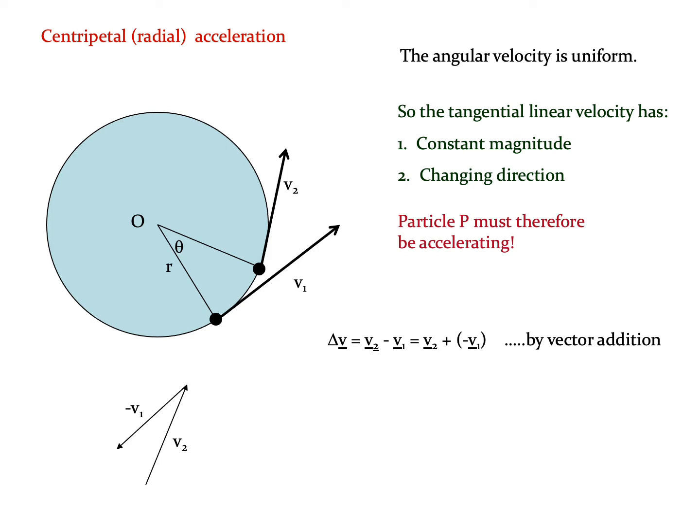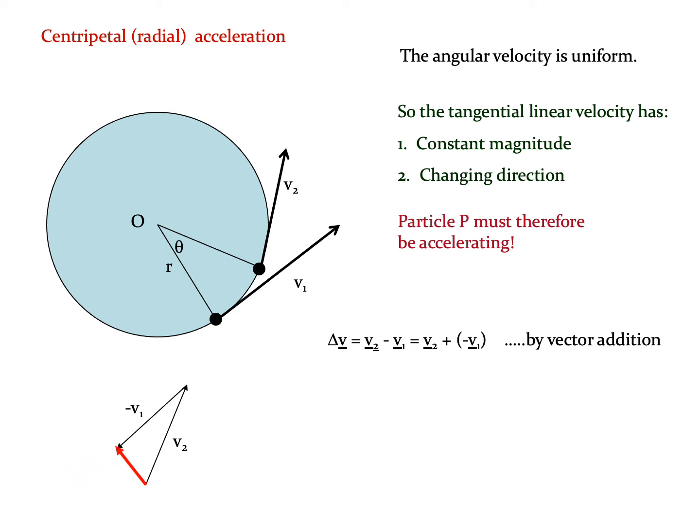Now let's focus on that minus v1. Minus v1 should have the same magnitude as v1, but it must have the opposite direction. So look at minus v1, it's pointing sort of down to the lower left of the screen, whereas v1 itself was pointing to the kind of upper right. So there's a vector diagram, a tip-to-tail addition of two vectors, where I'm adding minus v1 to v2.